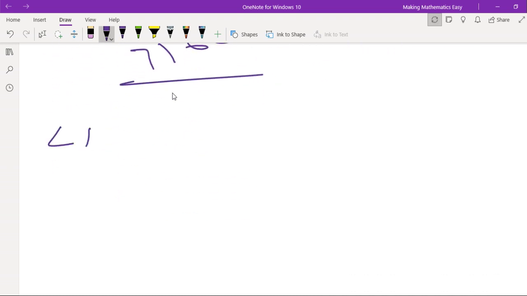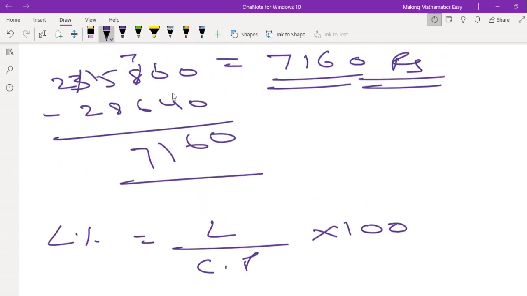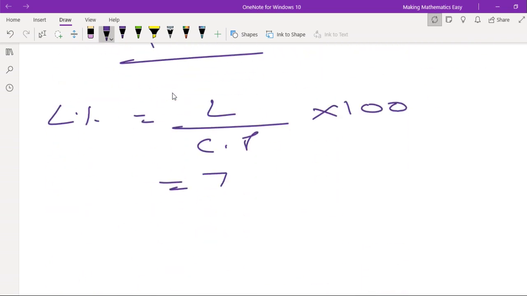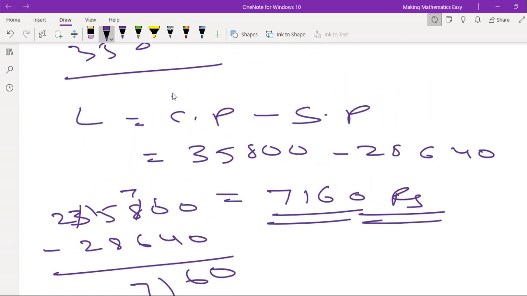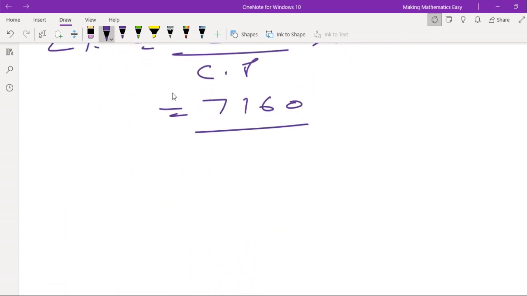So now we need to find out loss percentage, which is equal to loss divided by CP into 100. So loss is 7160 divided by cost price, which is equal to 35,800 into 100. So this 00 and this 00 get cancelled.